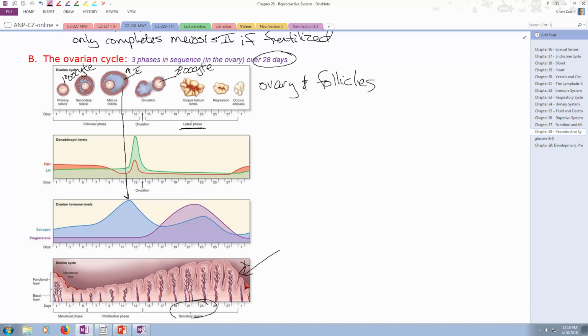So let's say right here, we're going to get a group of approximately 20, just because it's reasonable, to start this race. And this one is the winner, which means the others are losers and they die in atrophy. But all these groups are what's contributing to this rise in estrogen.